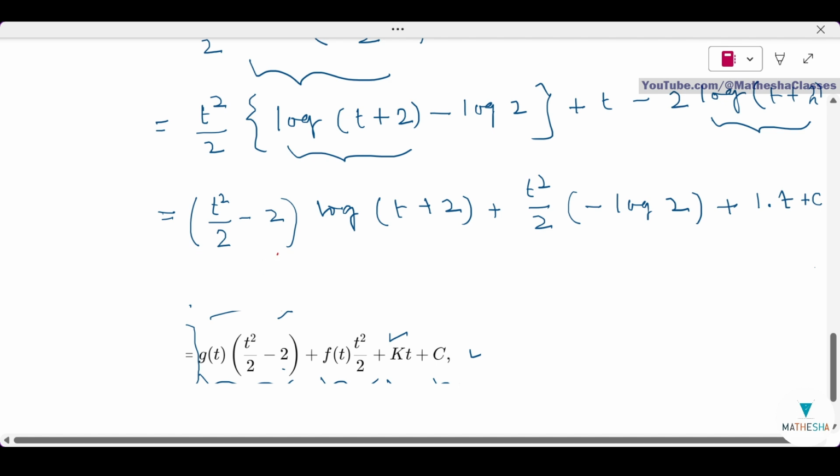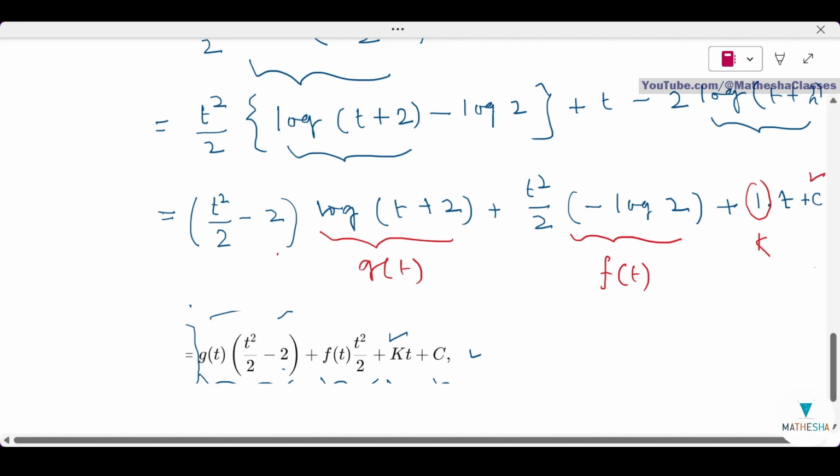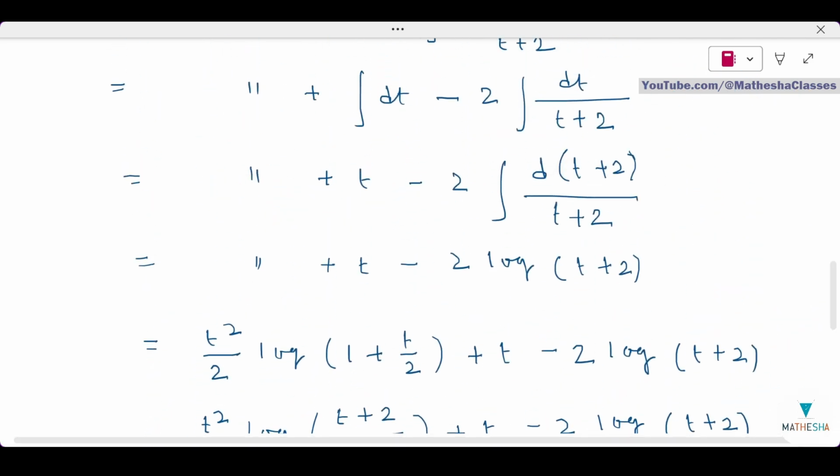So definitely this is your g(t), this part is definitely your f(t), this value is definitely the value of k, and c is the arbitrary constant. I forgot to mention the arbitrary constant here.